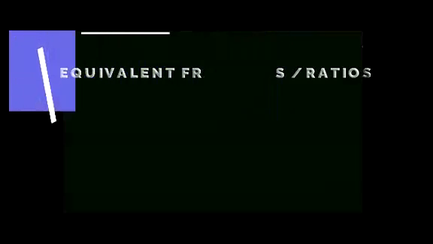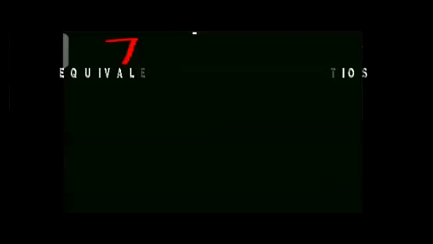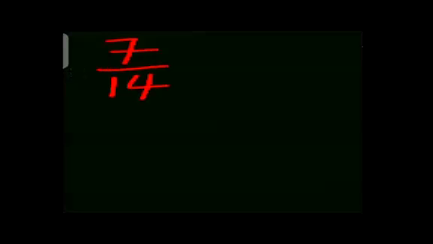For instance, if we are given a ratio of 7 to 14, this is the same thing as 7 ratio 14. If I want to have an equivalent of any fraction, what I do is multiply the denominator and the numerator of that fraction by the same number.